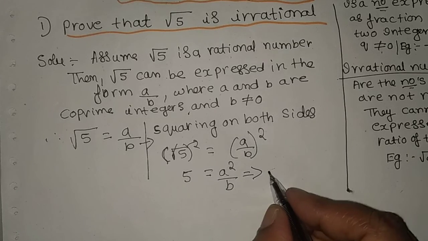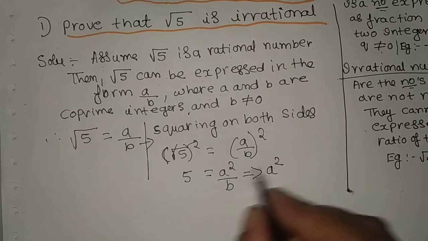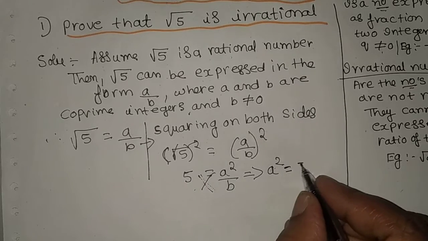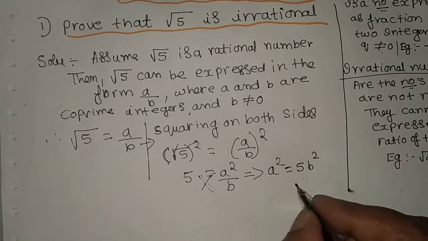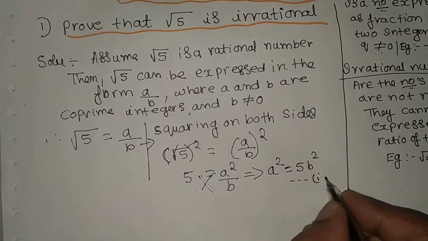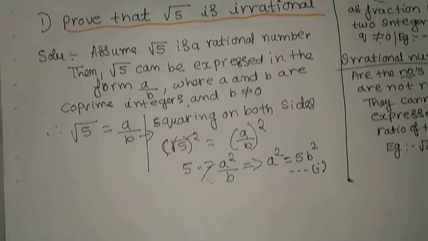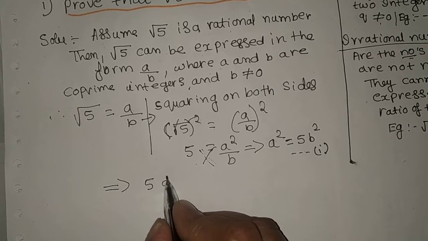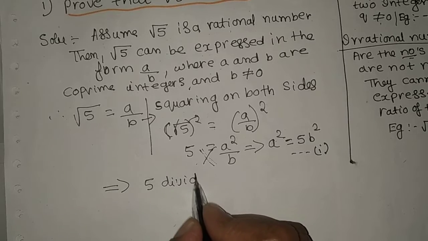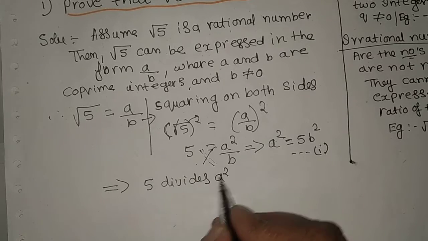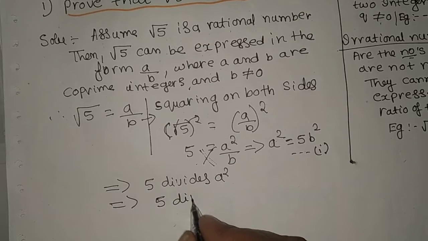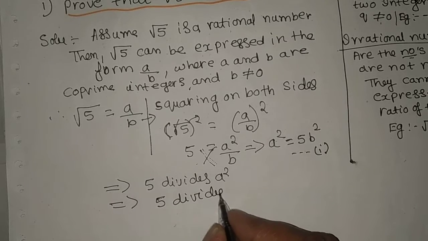Cross multiplying, a square is equal to 5b square, which we take as equation 1. So 5 divides a square. This can also be written as 5 divides a.